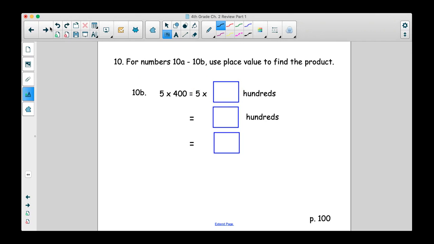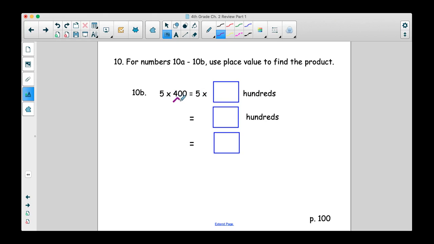Go ahead and read it to yourself. Okay. So looks like we're doing kind of the same thing again. So let's try it out. 5 times 400 is the same as 5 times blank hundreds.